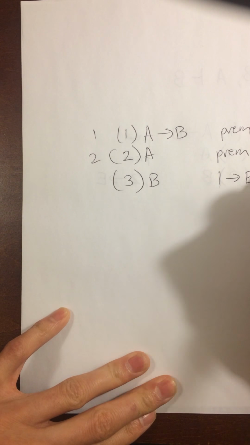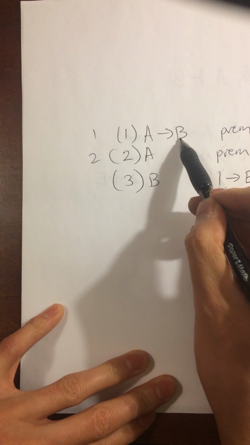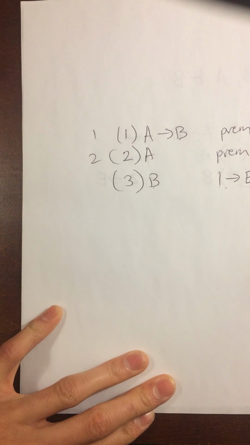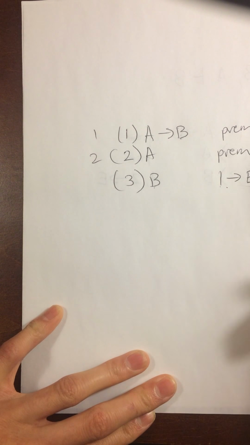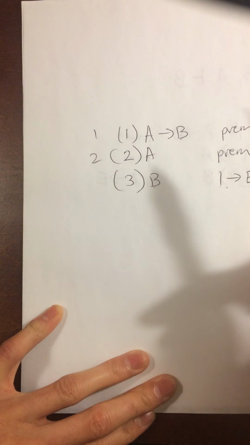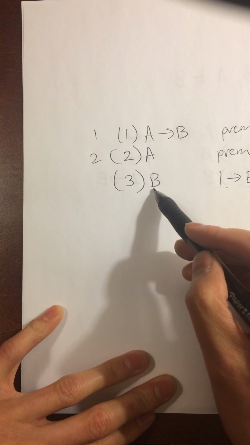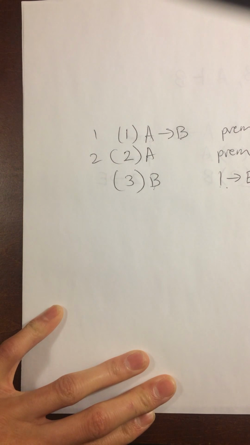This is wrong. You can't derive the consequent of a conditional simply by having the conditional. An example might be something like, if you had a pen, then you could write with it, right? You can't just simply conclude that you can write with it without having a pen.